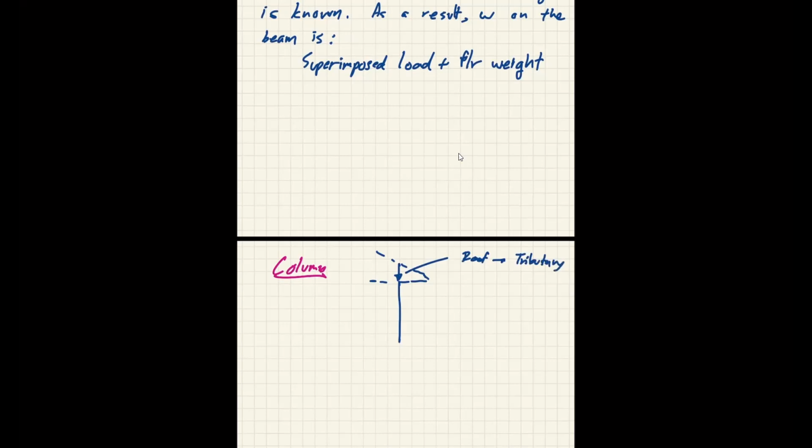Tributary area is fine. And then you have the second floor coming in. We're not going to call this the first floor, right? It's the second floor and then the ground floor.